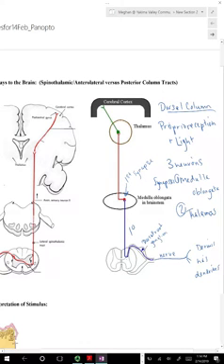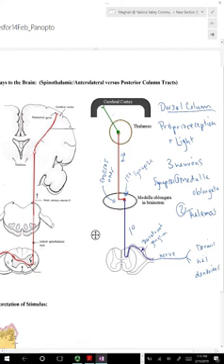So then the next neuron will then, in the medulla, cross over. So it crosses over in the medulla and then heads up to the thalamus. So our second order neuron crosses over and heads to the thalamus. So medulla to thalamus.